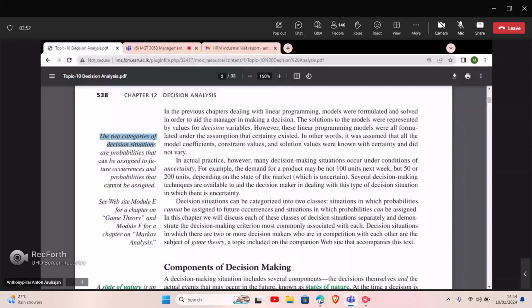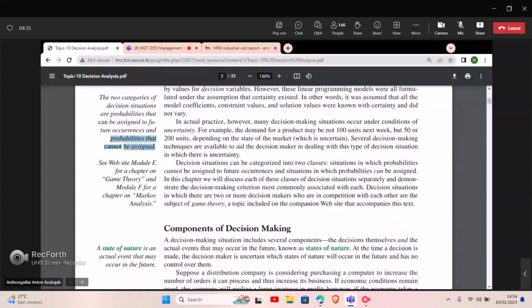In other situations, we don't know totally what will happen; there is no probability. So the two types of decision scenarios are: probabilities that can be assigned to future occurrence, and probabilities that cannot be assigned to future occurrence. Both possibilities are there.